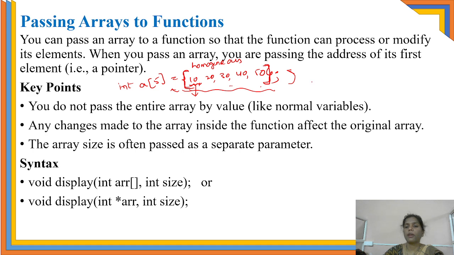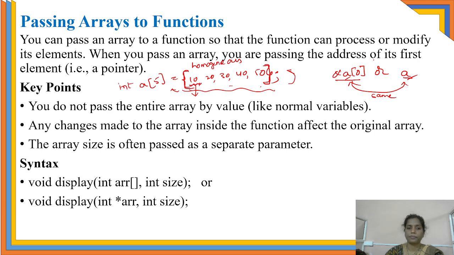This can be done by call by reference, not by value. So you can pass the address of a[0] or directly the array name. Array name or address of a[0], both are the same. You can pass like this or this.